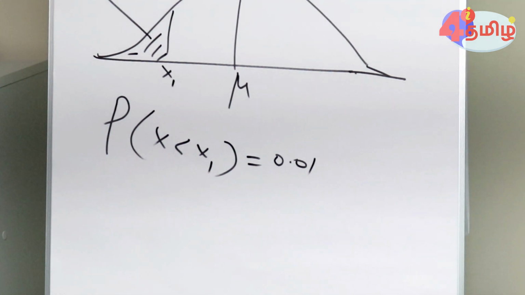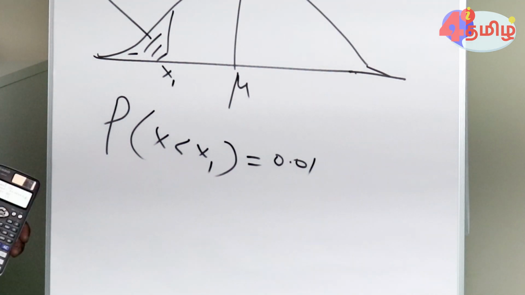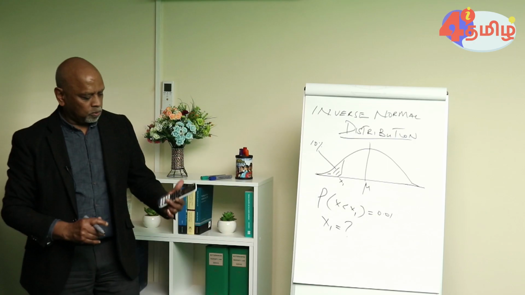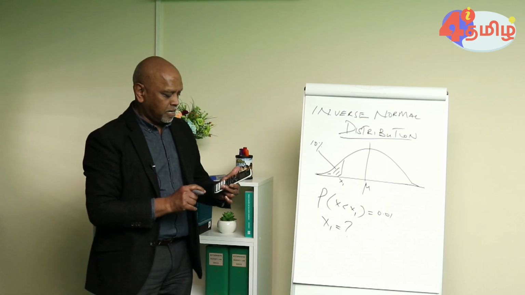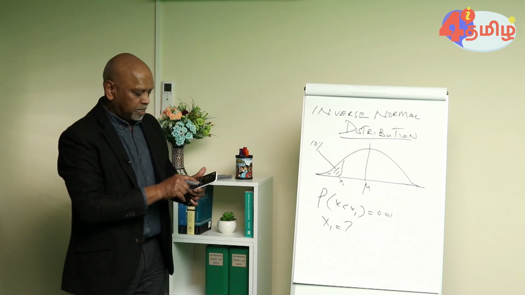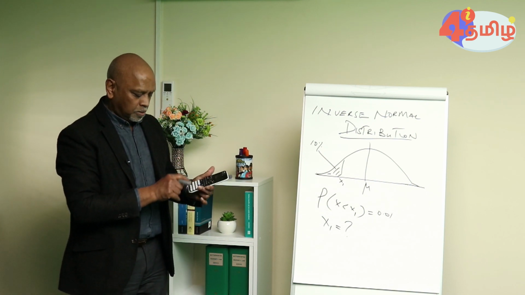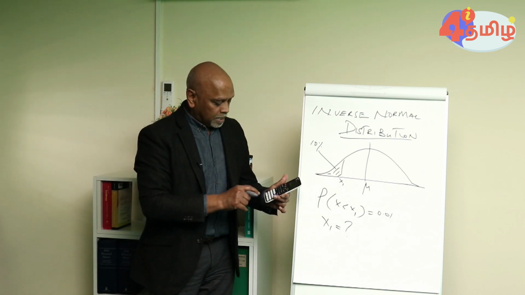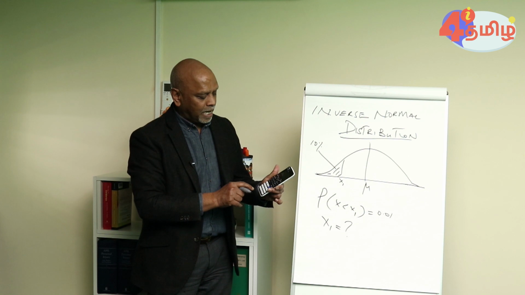This is what they give you, and the question asks you to find x1. Of course, we calculate again, but this time you select a different option. The normal distribution, and then you select option 3, which is inverse normal.